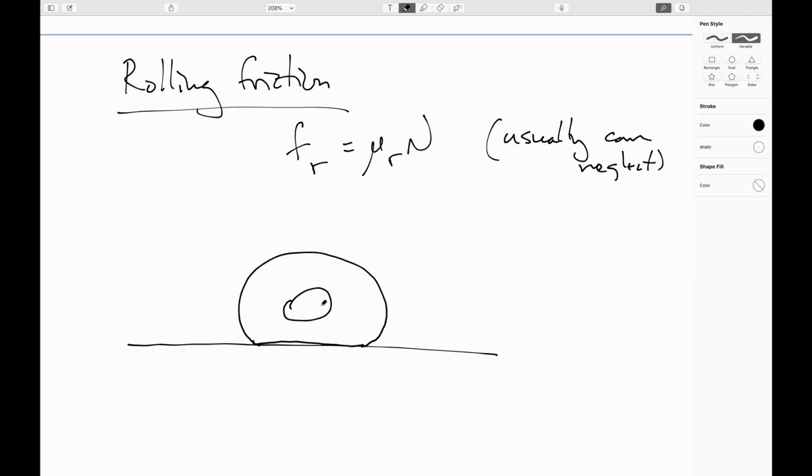But even when they are inflated properly, the bottom of the tire is actually flat. And this flat strip, where it's in contact with the road, is cleverly called the contact patch of the tire.